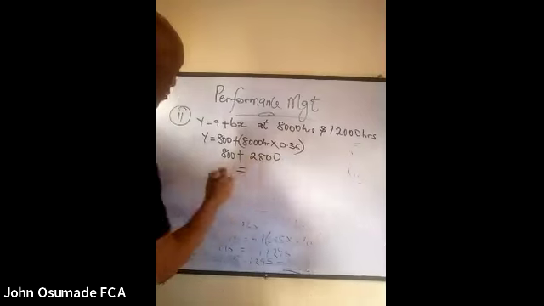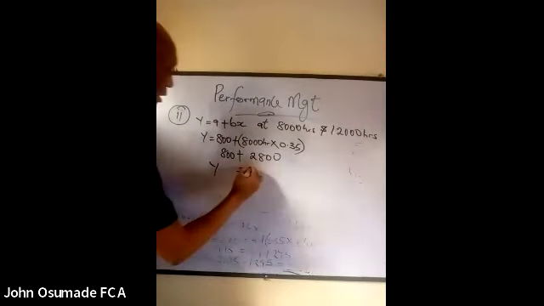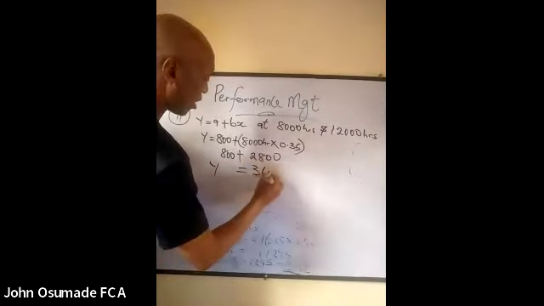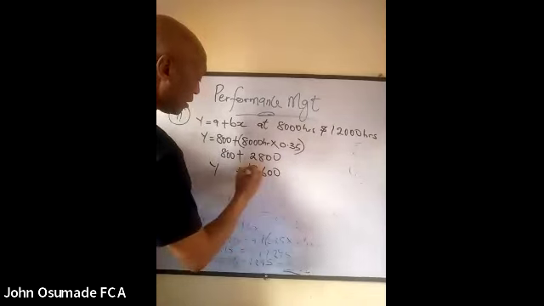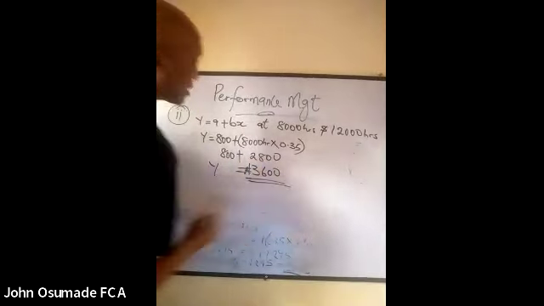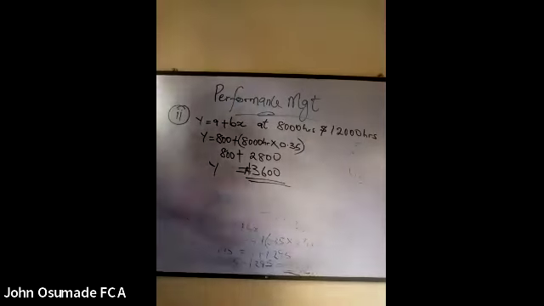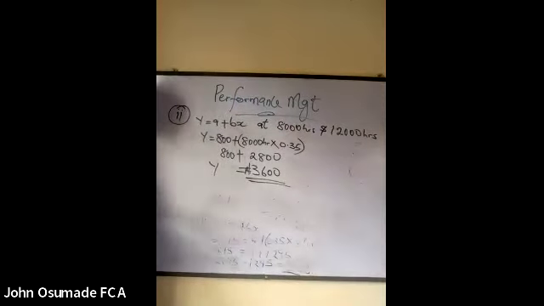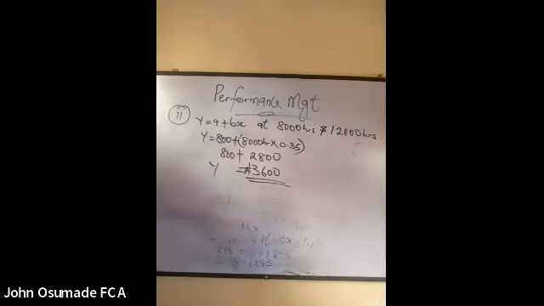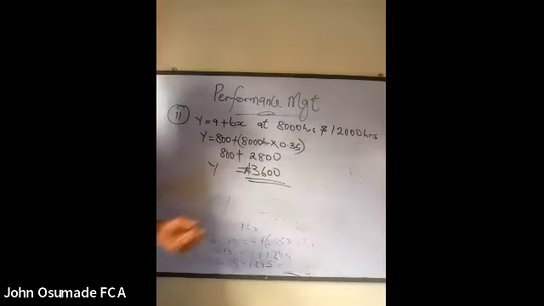Add them together, it will come to 3,600 naira. So you see that the total cost at level of activity of 8,000 will be 3,600.